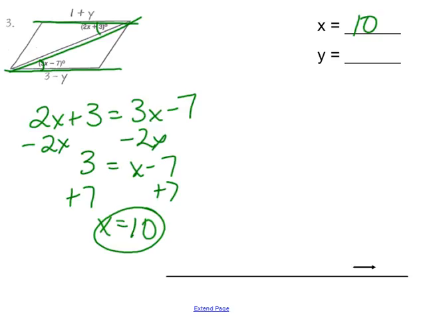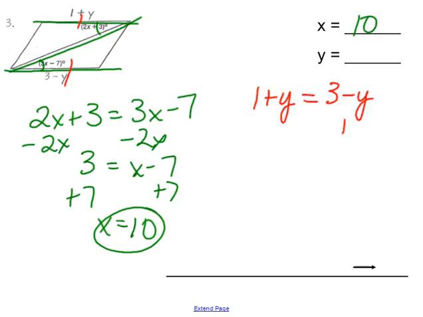All right, so now let's make those sides congruent by setting those babies equal. So 1 plus y equals 3 minus y. Okay, for a minute there I thought I was going to end up with some really weird math.